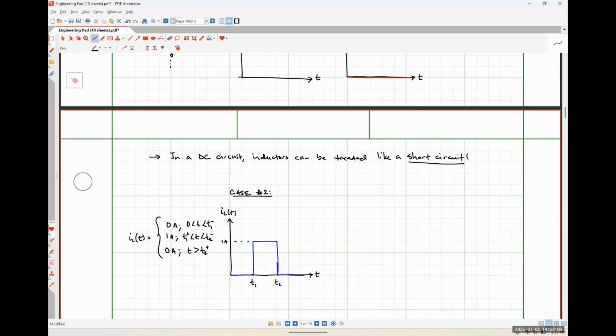Okay. So we have an instantaneous change in our current through our inductor from 0 amps up to 1 amp. So what do you guys think our voltage would look like in that case?